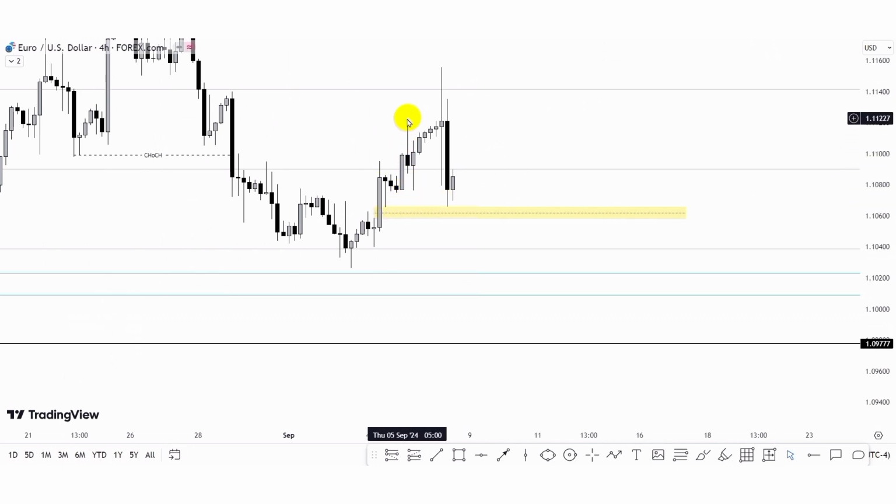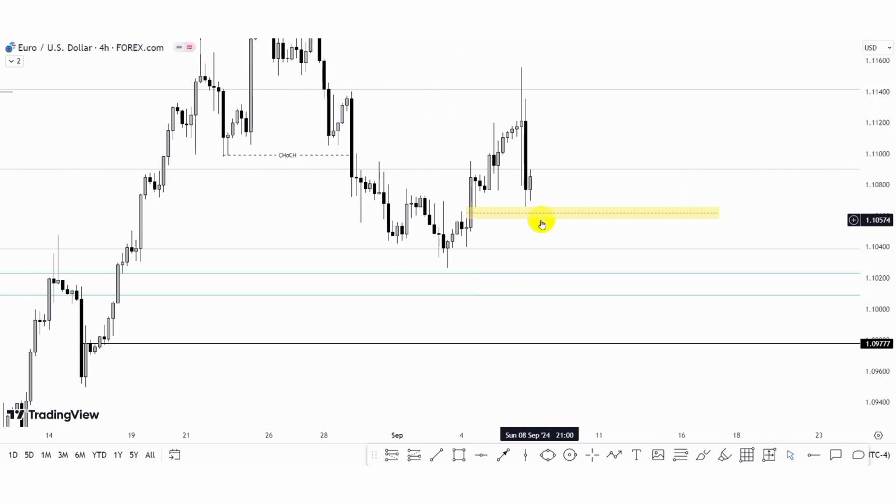So price created this breakout block because this is the sell move that sponsored the buy move that took out this buy side liquidity. Now we have price pushing to the downside. So we could see price push to mitigate this breaker, and then we see the continuation of price to the downside.